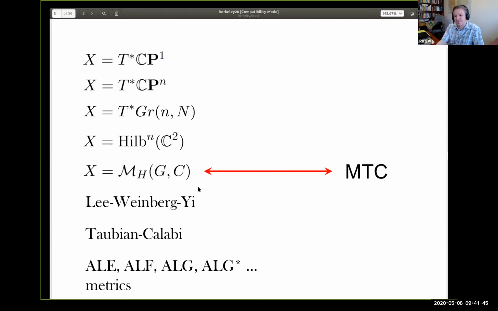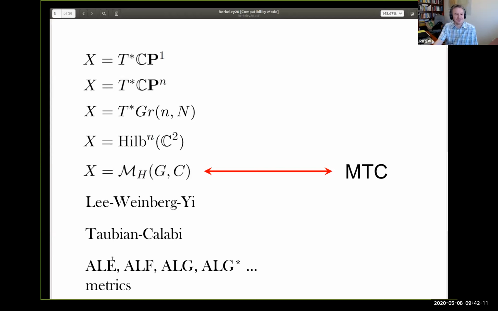It's non-compact, so it's a perfect, another example that we can keep in mind. Then if you move to PDEs in higher dimensions, there are various hyperkähler metrics on moduli spaces of monopoles. So for instance, there is the Lee-Weinberg-Yi metric. There is the Taub-NUT metric. So these are all high dimensional analogs of ALE, ALF metrics.